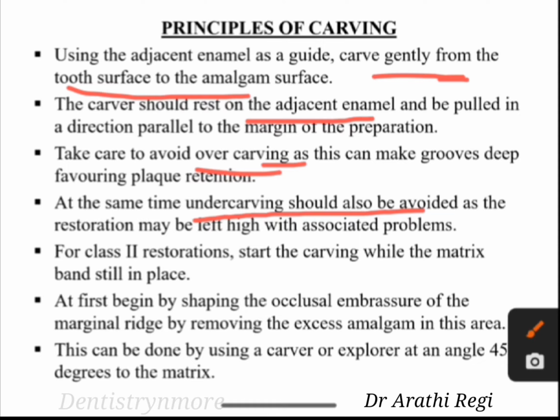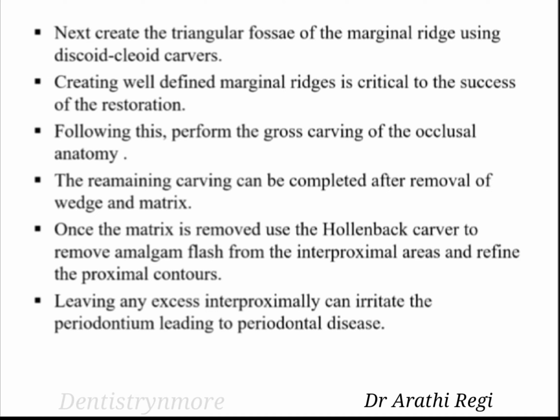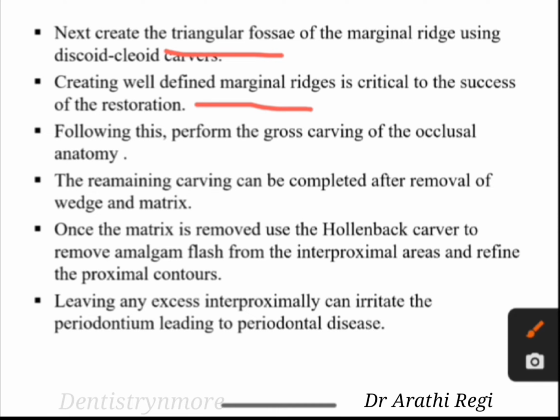In case of class 2 restoration, start the carving while the matrix band is still in place, and at first begin by shaping the occlusal embrasure of the marginal ridge by removing the excess amalgam, using a carver or explorer. Next, create a triangular fossa and well defined marginal ridges.